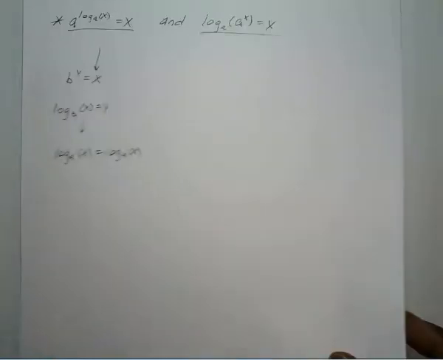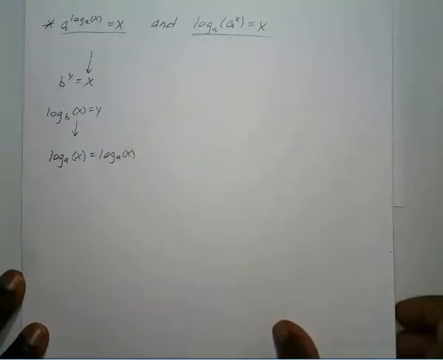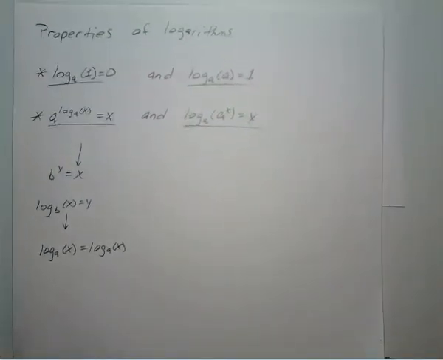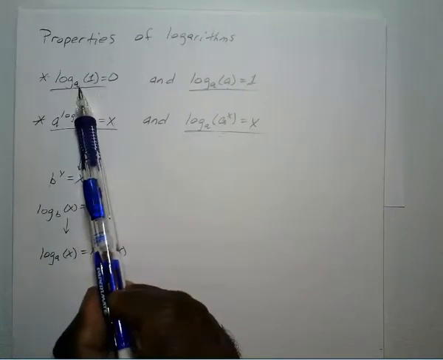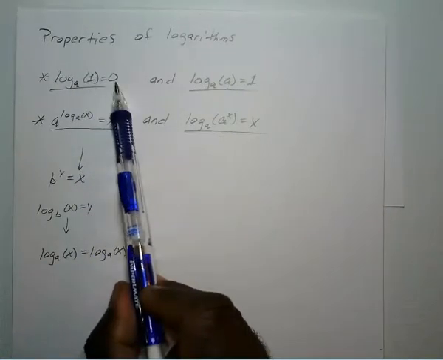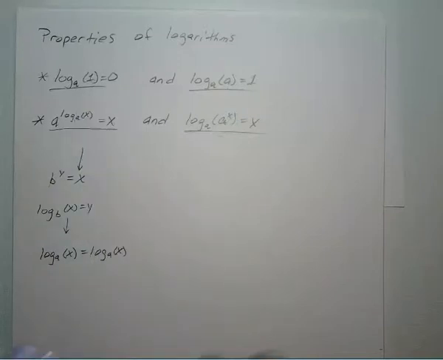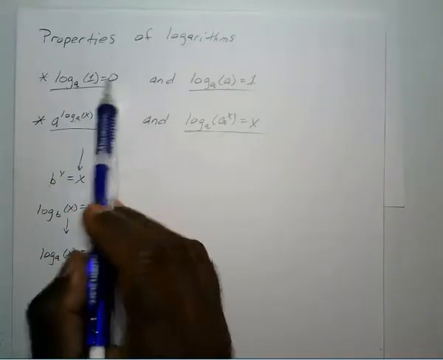So this is just a quick list of some of your properties of exponents. Okay, log base a of 1 equals 0, or a to the power of 0 equals 1.